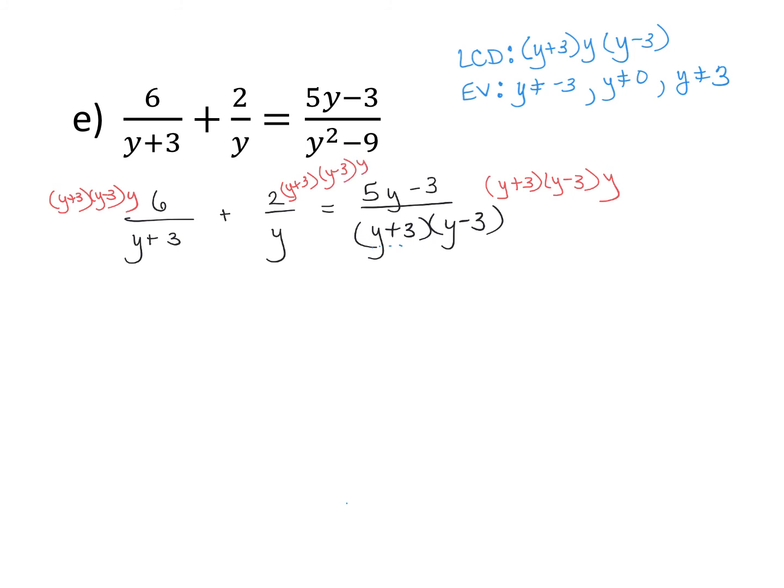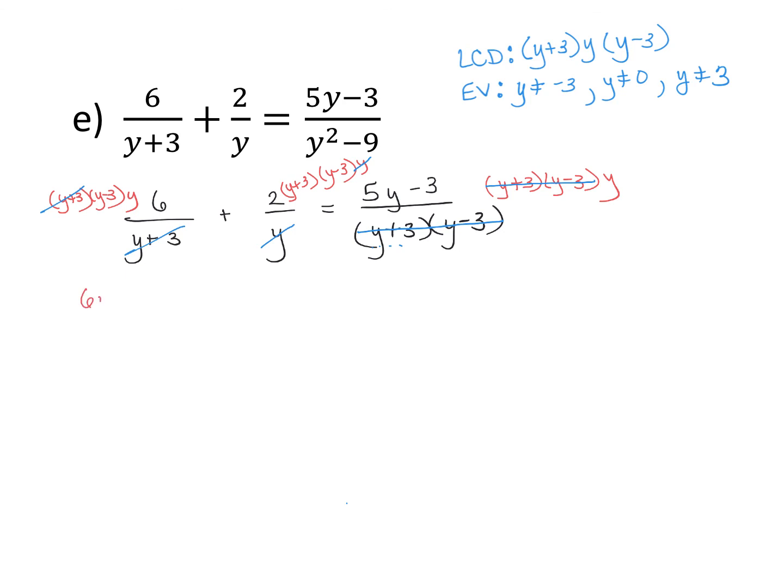I like to write it next to each one because then I can see what I'm canceling. So in this case, the y plus 3's are going to cancel. In this case, the y's are going to cancel. And in the last case, the y plus 3 and the y minus 3 are both going to cancel, leaving that y.